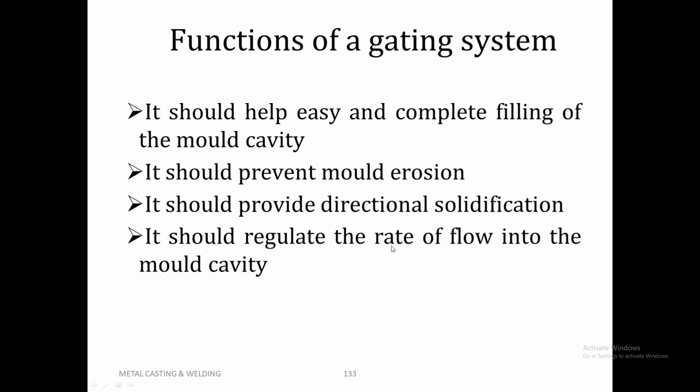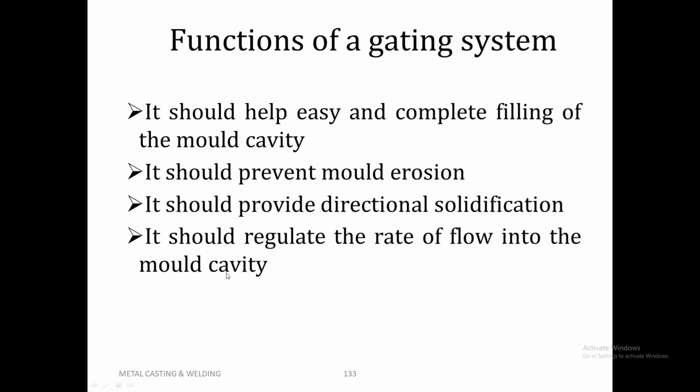Next, the functions of a gating system. It should help for the easy and complete filling of the mold cavity, and it also should allow the liquid metal to flow into the mold cavity with a very low velocity and minimal turbulence. It should prevent mold erosion, provide directional solidification, and regulate the rate of flow into the mold cavity.